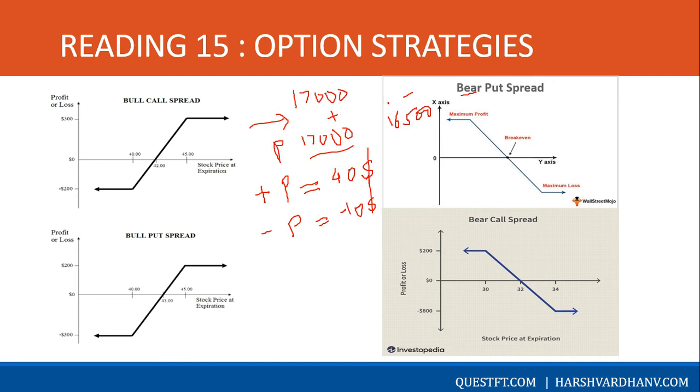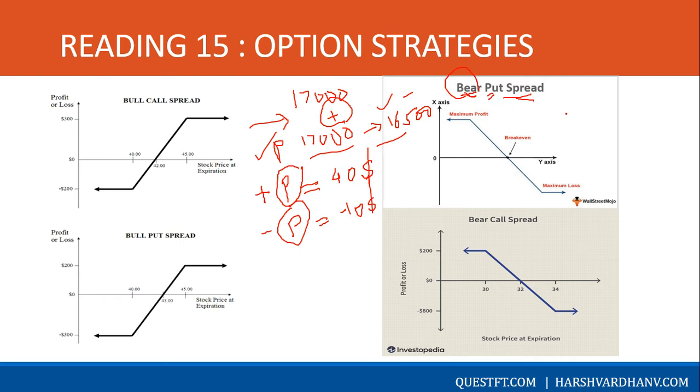So this I have bought, this I have sold. My position is bearish, right? Because I'm expecting a 500 points downfall. That is why bear. And I've used put options to enter into this. That's why put. And I have two positions, a plus and a minus. That's why spread. So it's very simple. Just see what direction you are entering into. It is bearish, put spread.